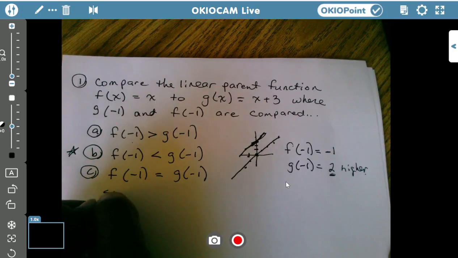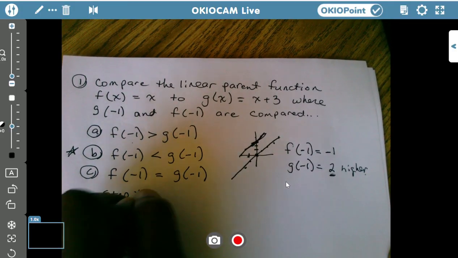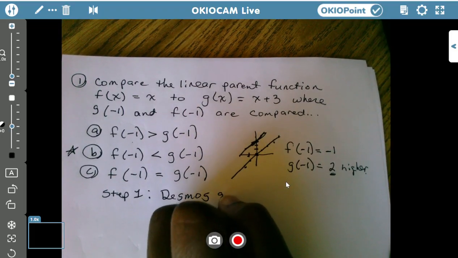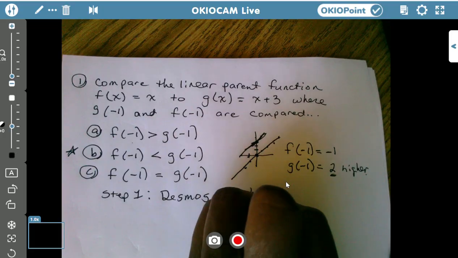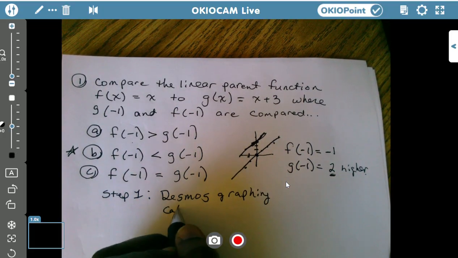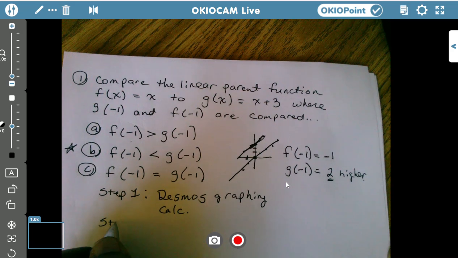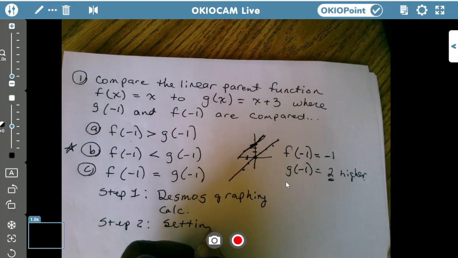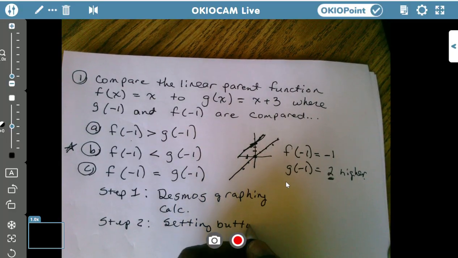Alright, so here are your steps to compare functions. Step 1, go ahead and put them in the Desmos graphing calculator. Once you put them in, you're going to press the settings button to look at the table.